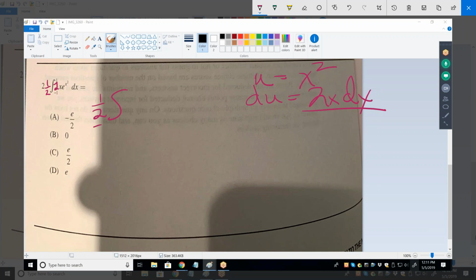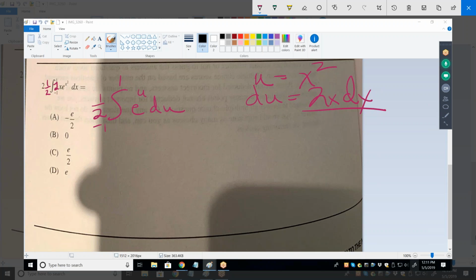So this whole thing is equal to the integral of e to the u du. Right. And for evaluating purposes, I feel like putting it in terms of u would be easier, so you don't have to plug in the x squared. I understand what you're saying.